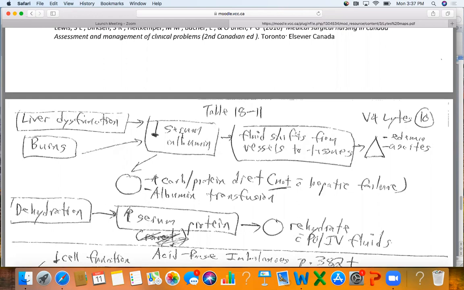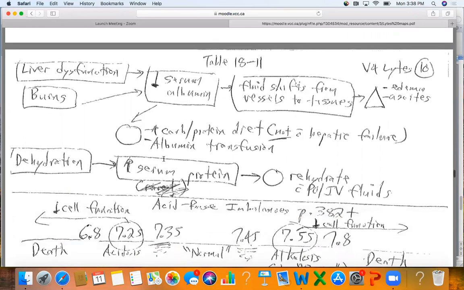Albumin is a protein. It's a major player in oncotic pull inside the vascular space. So what happens if you lower serum albumin? You guessed it, your fluid is going to shift out of your vessels into your tissues, with obvious symptoms in the triangle.